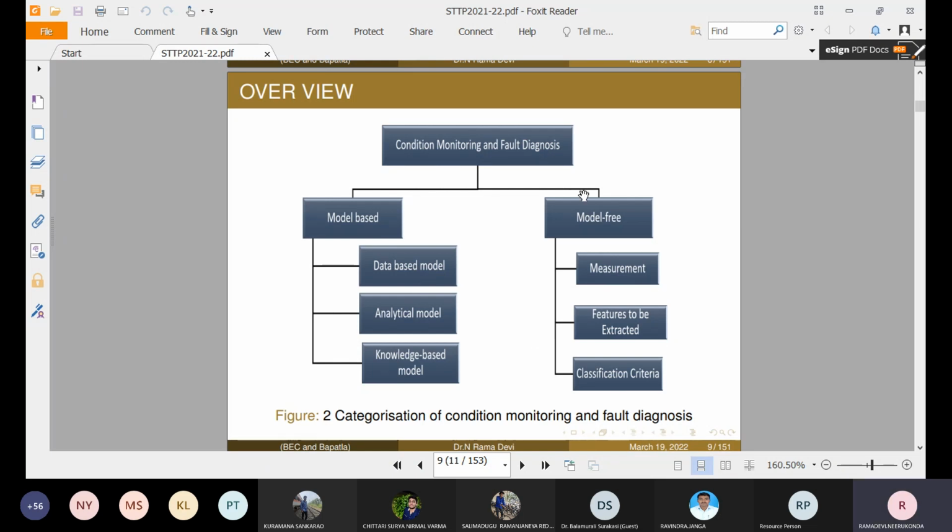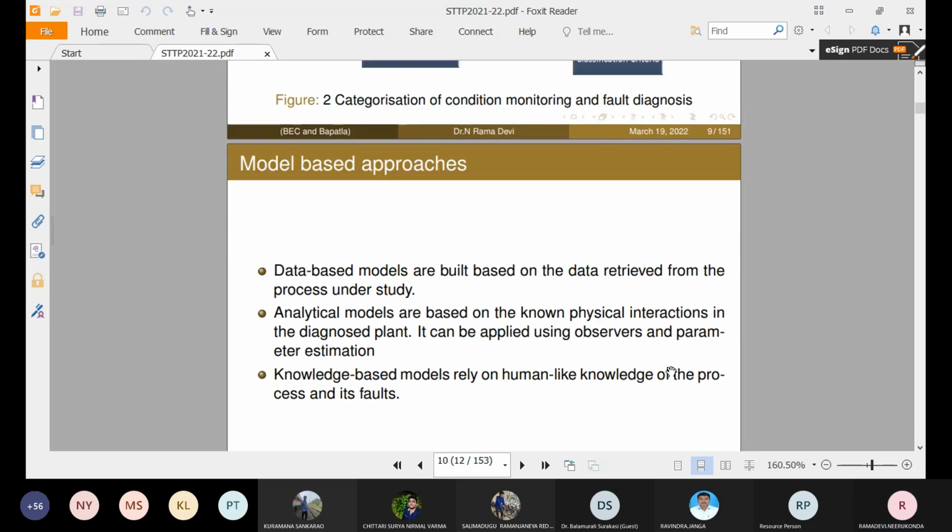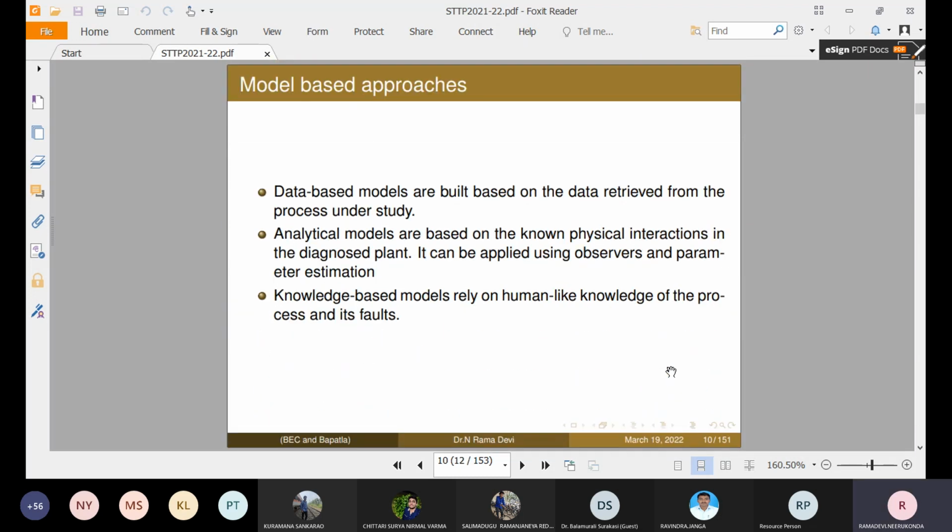Coming to the model free system, it requires measurements, feature extraction, and classification based on certain criteria. They have certain advantages and disadvantages for the model based as well as the model free systems.